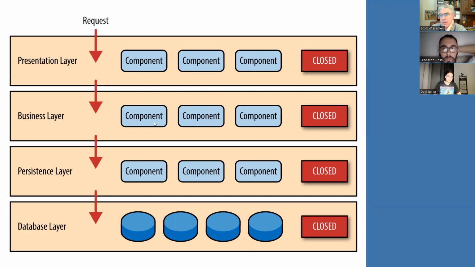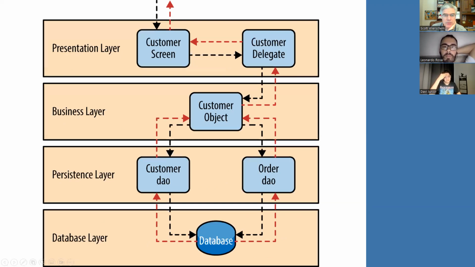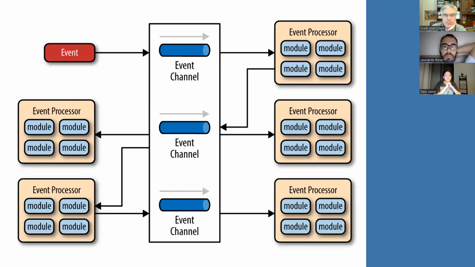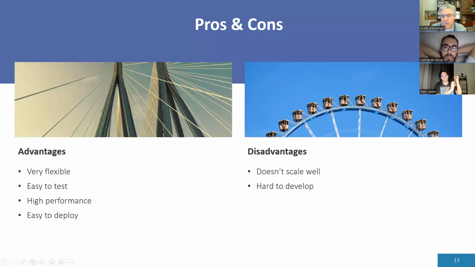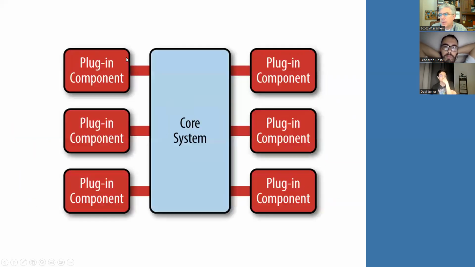Well, that's generally the approach that is taken. The alternative is to start with a microkernel architecture, which is designed to be flexible. Basically, you can easily turn a plugin into a microservice, or a set of microservices, because it's already isolated.